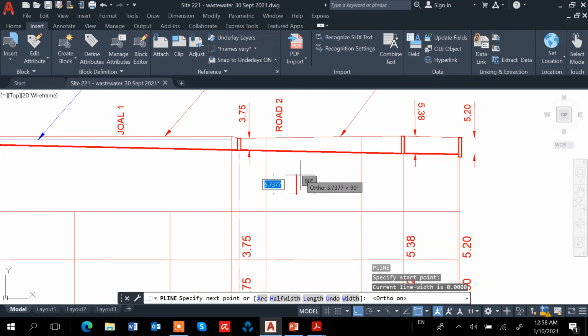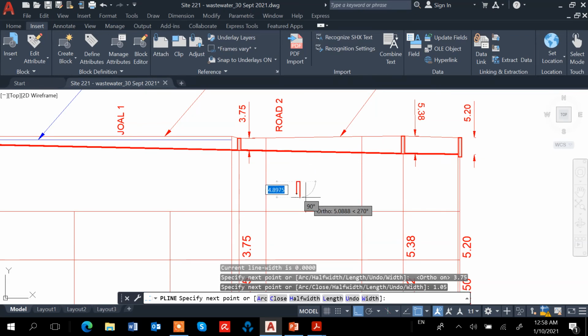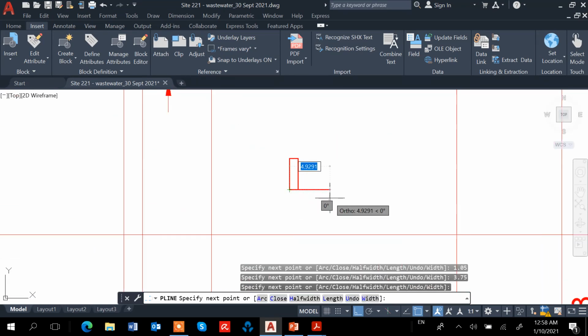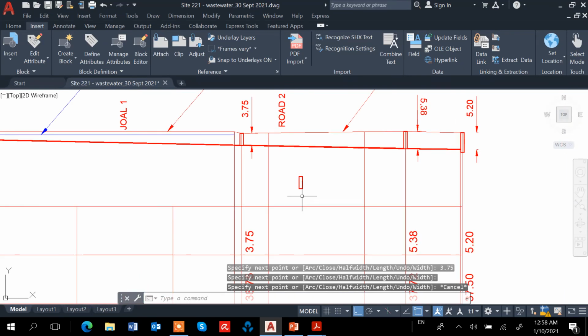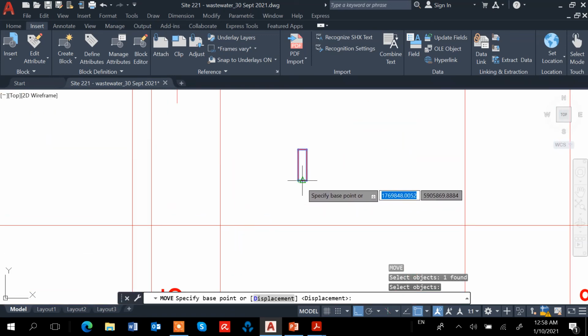I just add 3.75, and then the diameter of the manhole is 1.05, 1.05, and then going down 3.75, and just cross the thing. Okay, and then I just move this thing, and I pick the middle.